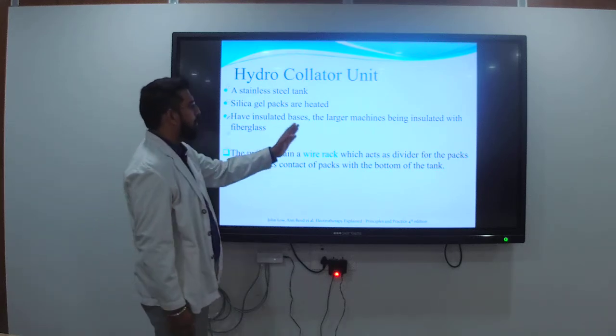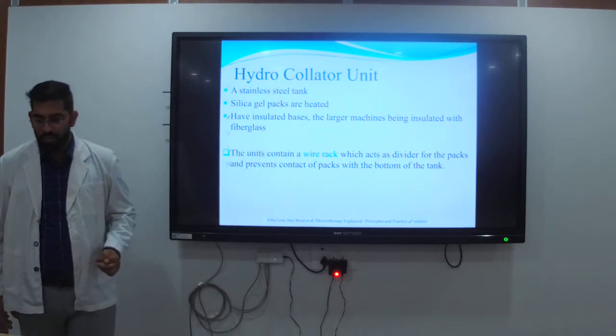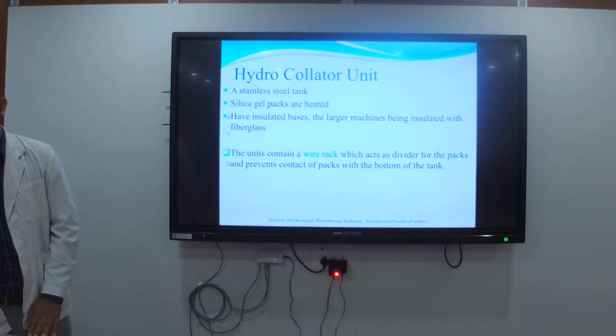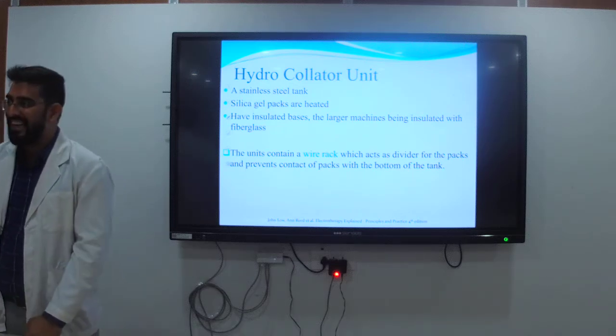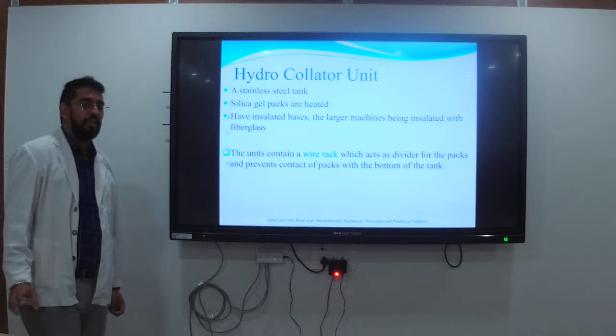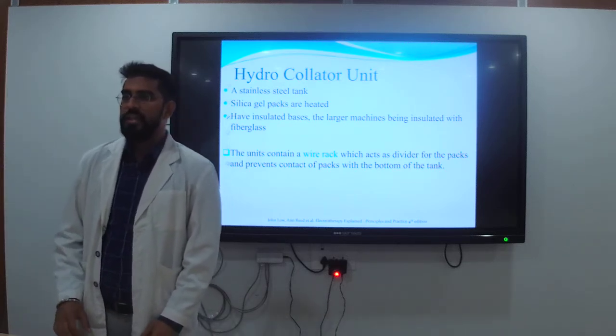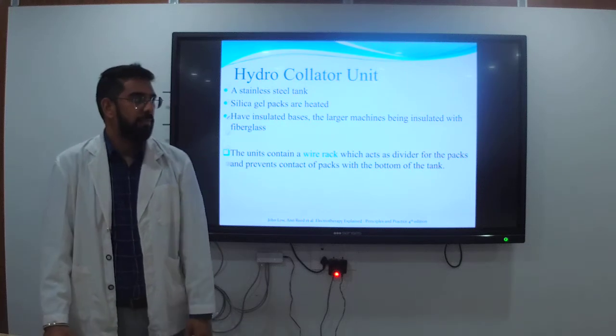Now it has insulated bases. The large machine is insulated with fiberglass. As we are dealing with something which uses electricity, if there is any kind of leakage of the current, what will happen?